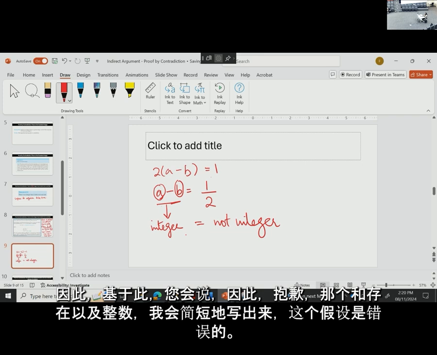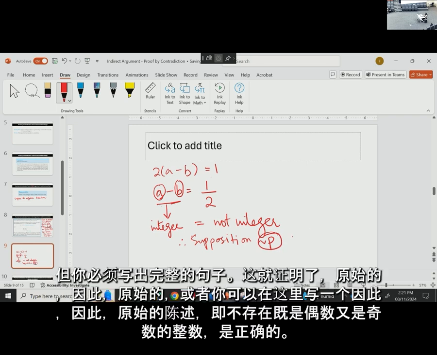So based on that, you say that therefore the supposition that there exists an integer that is both even and odd, I will write it in short, is false, but you have to write the complete sentence.